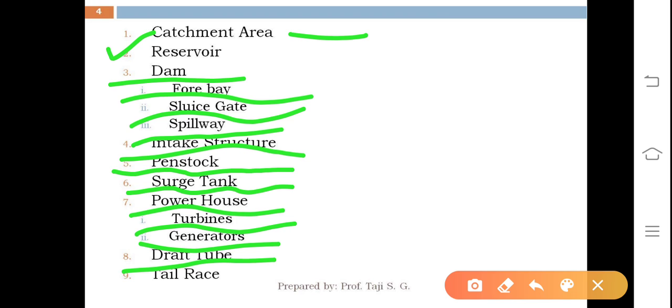Whatever the water level in the reservoir across which the dam is constructed, that water level is known as head race, from the ground level.